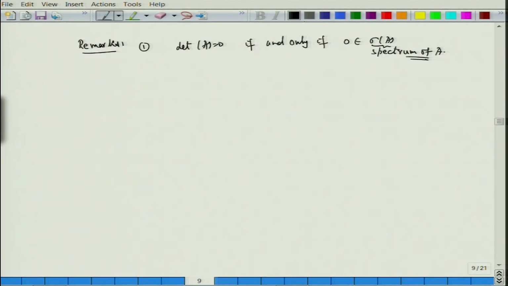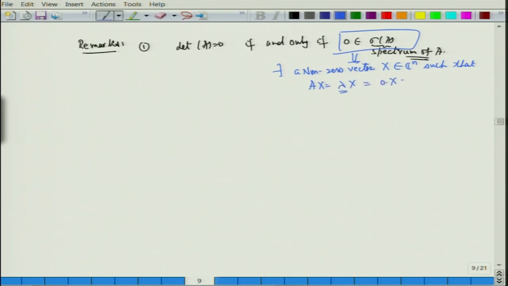It basically means that there exists a non-zero vector x in Cn such that Ax is equal to lambda x, but here lambda is 0. So, you have 0 times x, which is 0.